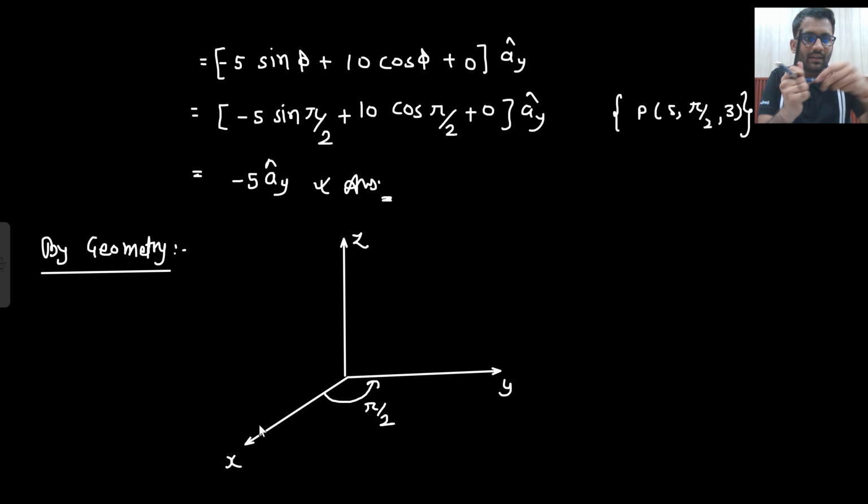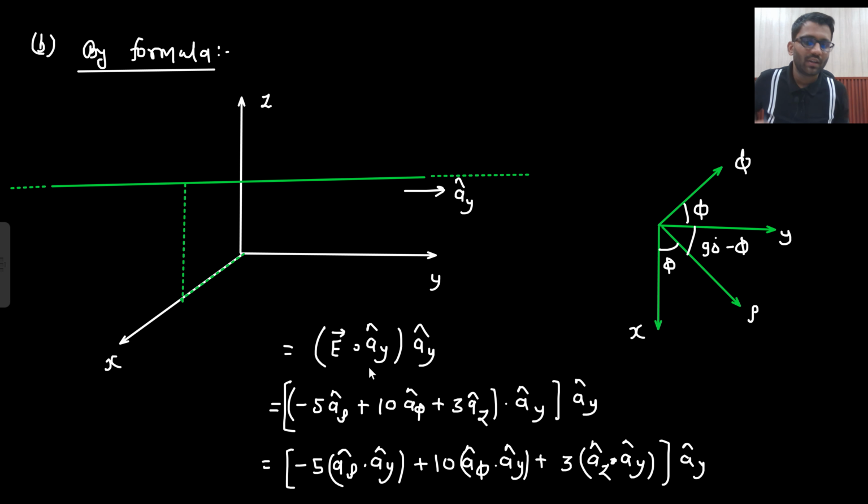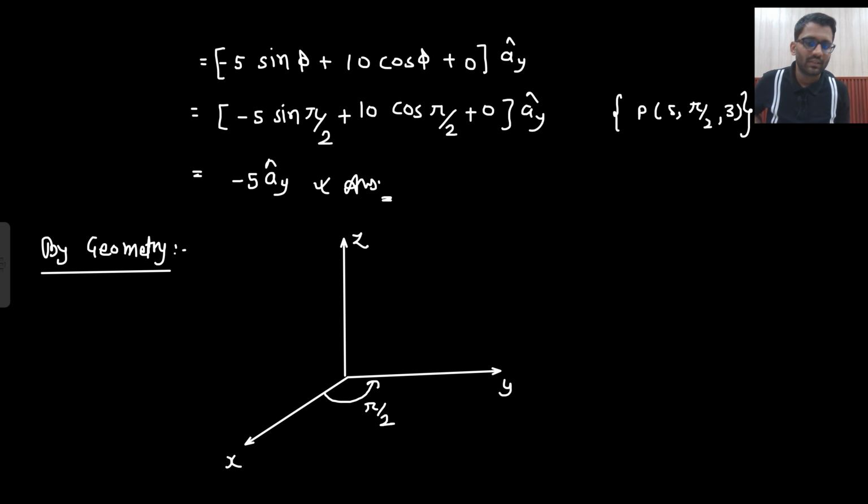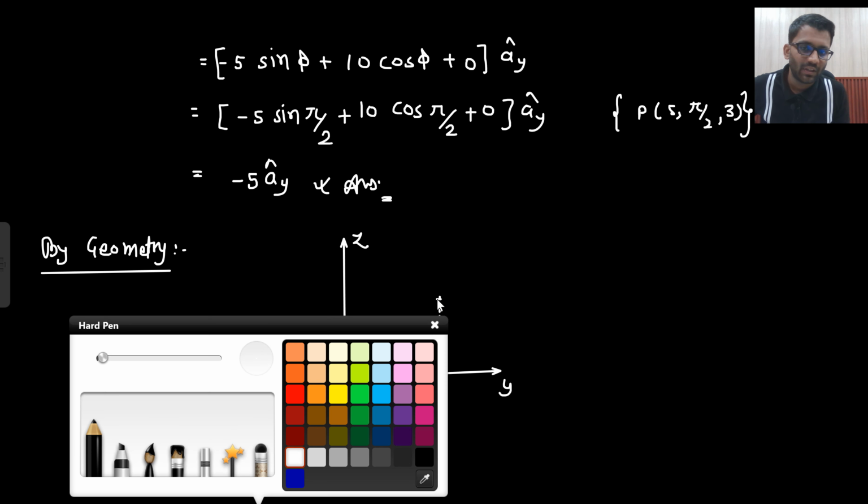From here I make a pi by 2 angle. Where will I reach? On this plane. So on this plane, making an angle of pi by 2, you need to go 5 meters in the rho direction, and in the z direction you need to go 3. So here will be your point, which is point P.